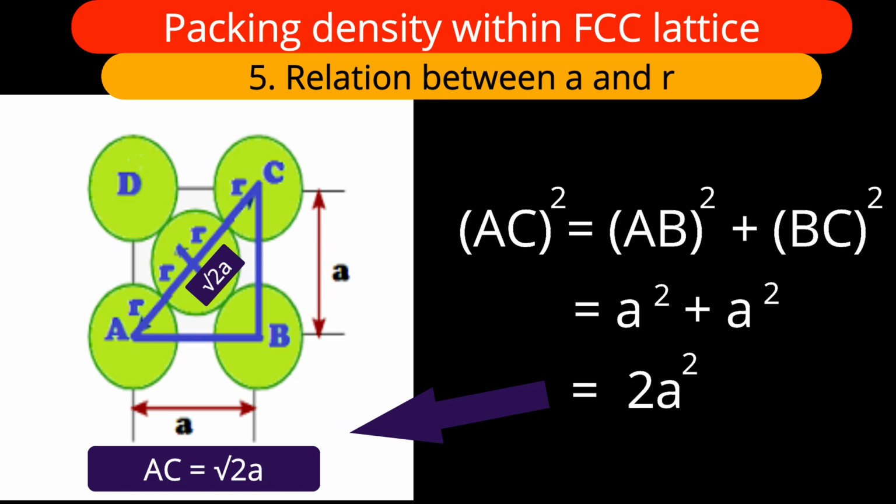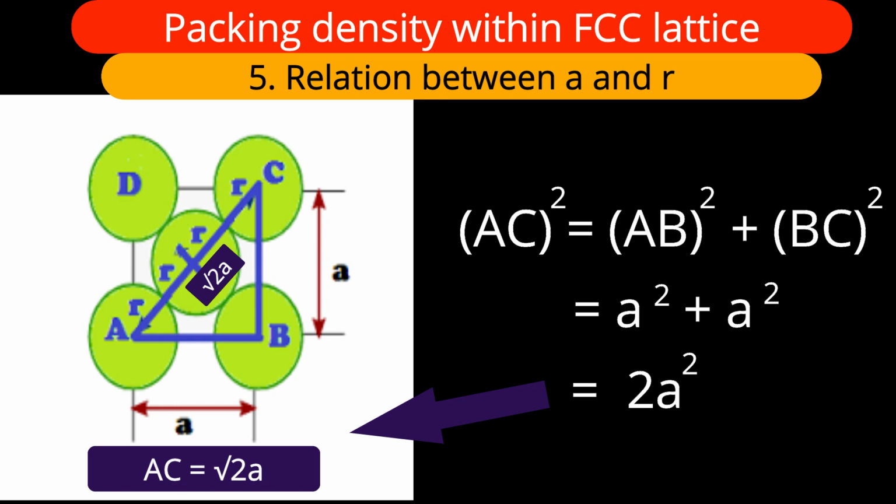So let me substitute those values. AC square is equal to a square plus a square. Let me simplify further. AC square is equal to 2a square. So AC is equal to how much? Square root of AC square. So AC is equal to the square root of the right side. What is the right side? 2a square.